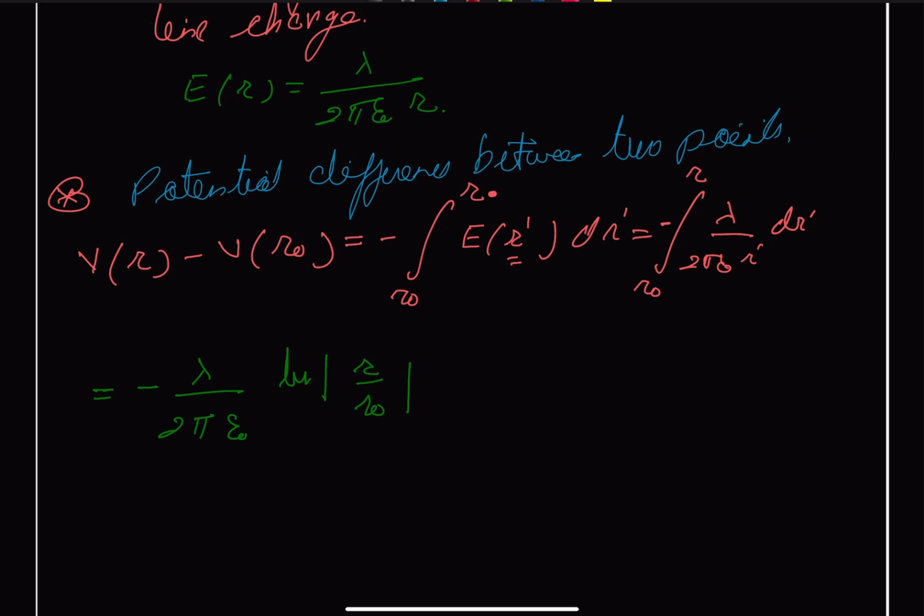Therefore, the potential at r will be V of r naught minus lambda upon 2 pi epsilon naught natural log of r upon r naught.